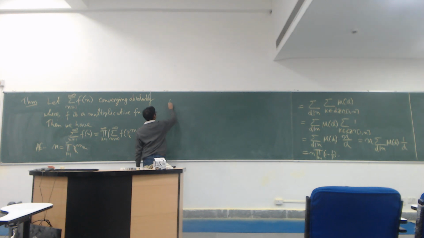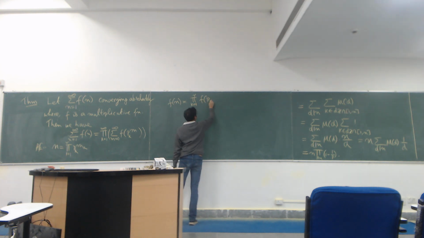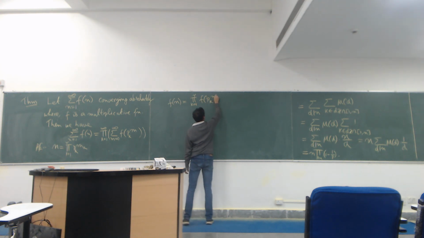So we know that f of n is the product over k running from 1 to r of f of pk to the nk.